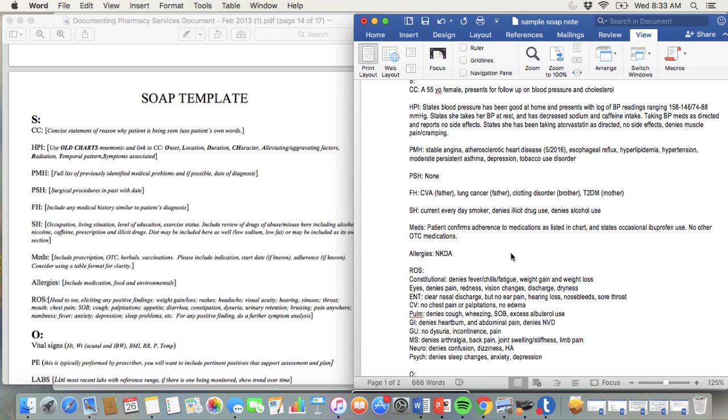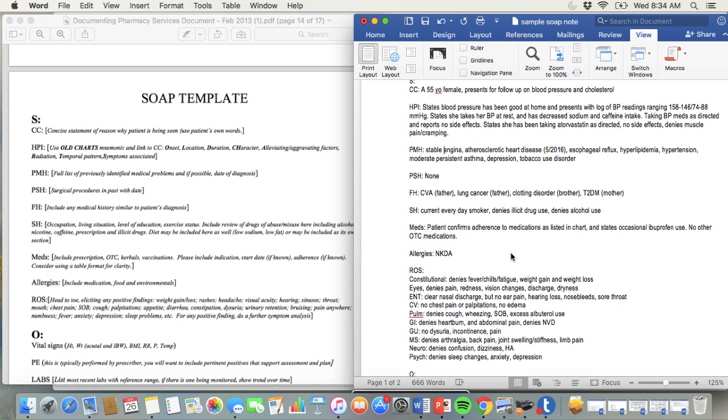She also is denying cough, wheezing, shortness of breath, or excess albuterol use, so we don't necessarily need to address her moderate persistent asthma during this visit. So that's sort of a recap or another example of why it's important to include both pertinent positives and negatives.